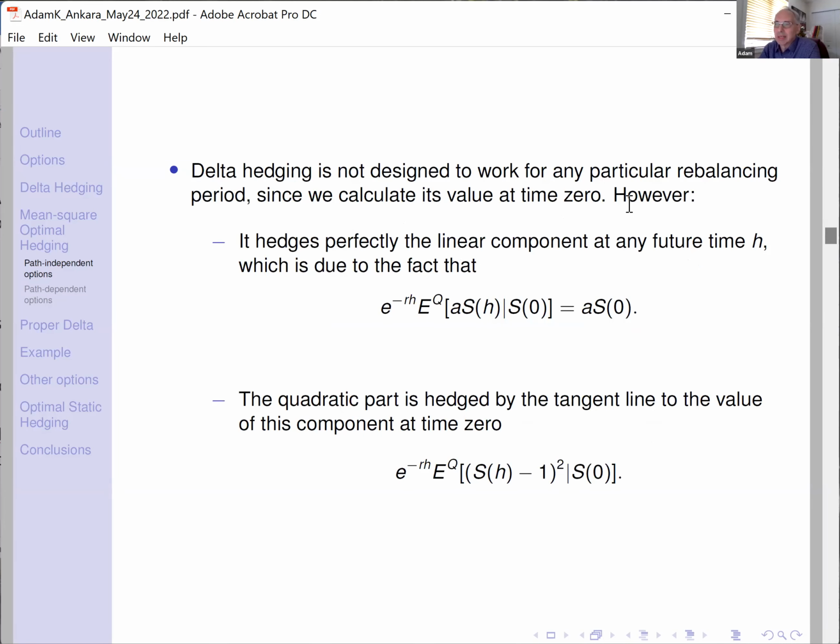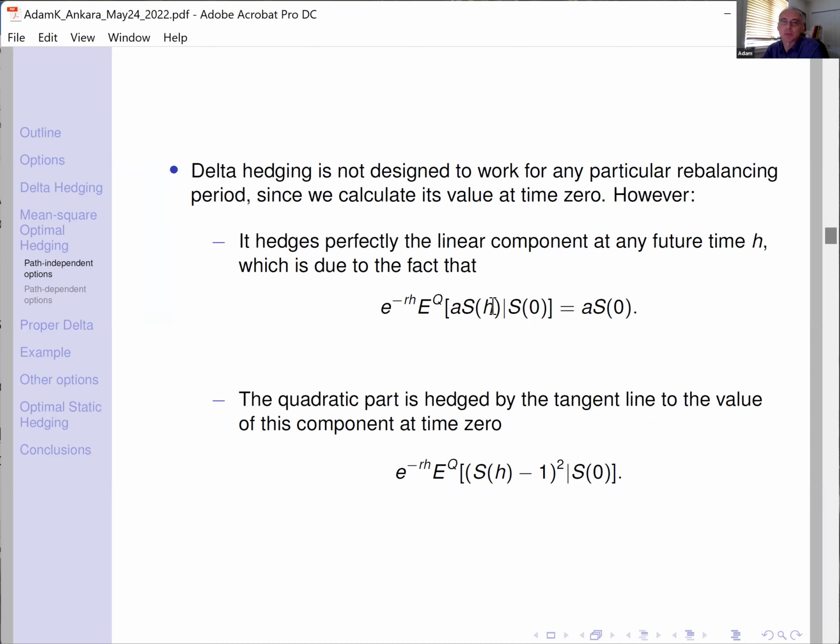How about delta hedging? So the linear component is hedged perfectly by delta hedge. Why? Because in delta hedge, we calculate the current expected discounted value of the linear function. And it is exactly, again, the same linear function. So which means the future linear component is exactly the same at the current time.